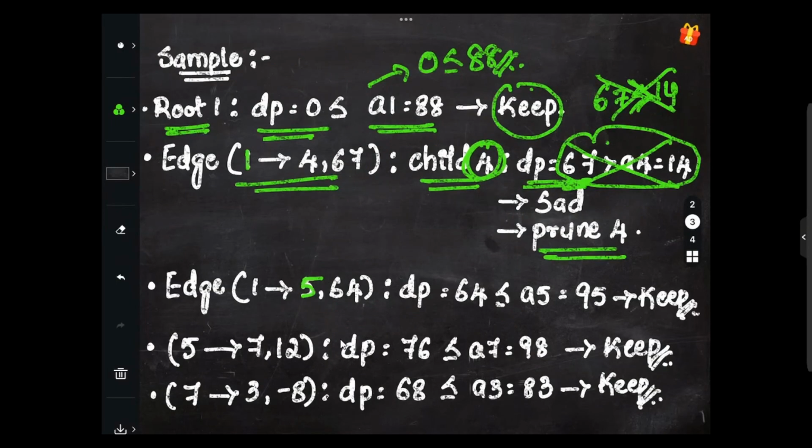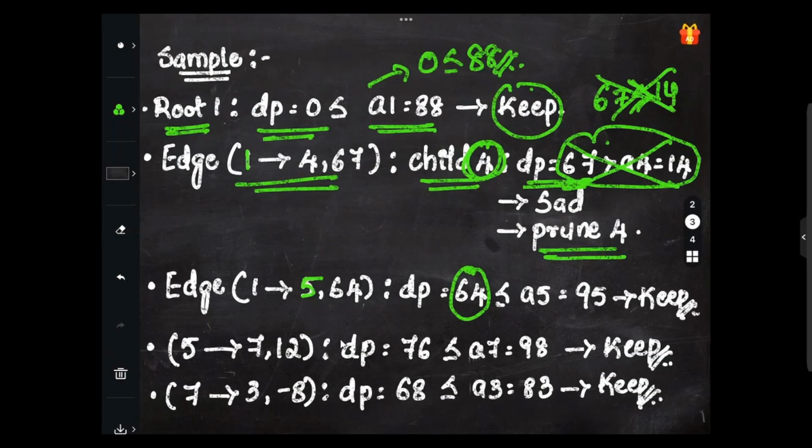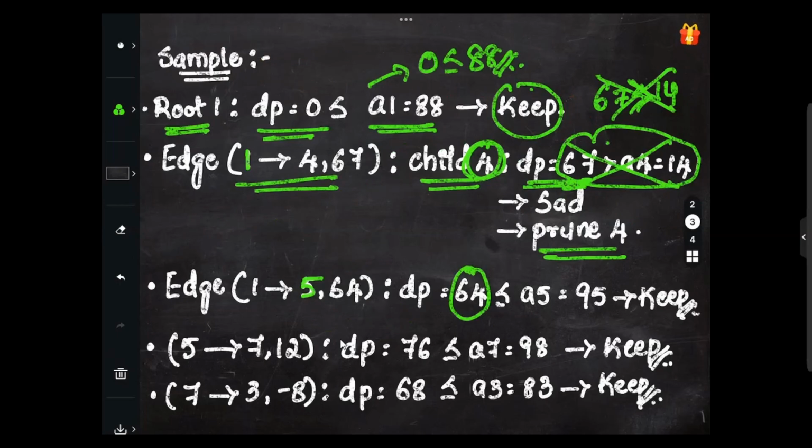A5 is 95 here, so we check whether 64 is less than or equal to 95. Yes, 64 is less than 95, so we will keep this one. This is fine, this is good.